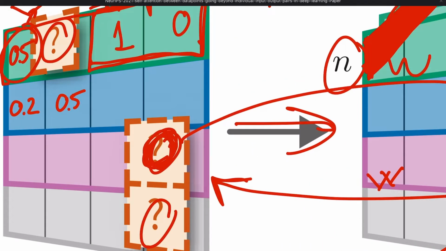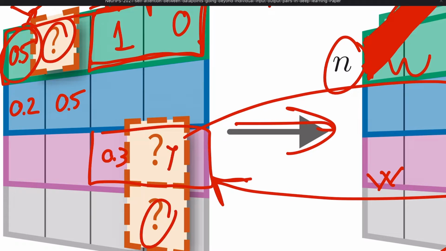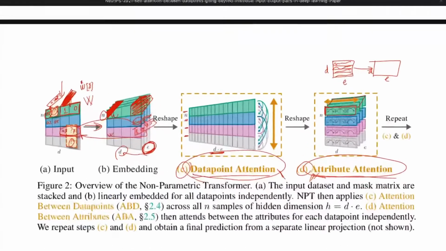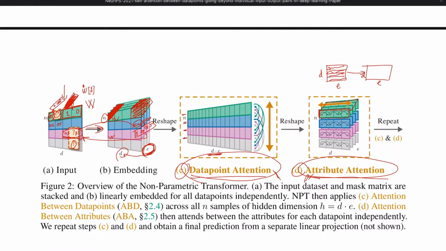And if it was a regression, then we are happy because we get one value. If it was a categorical value, then let's say we will get something like a 0.3 and then a 7, and we can just apply softmax over this and get the categorical value. So this algorithm is essentially a way to fill missing entries.